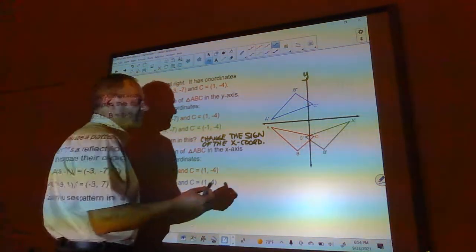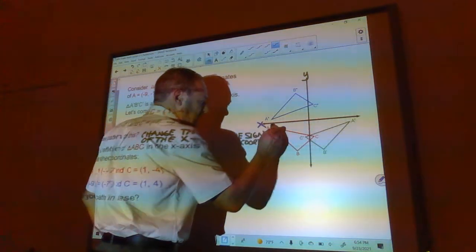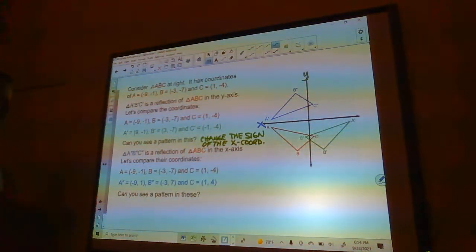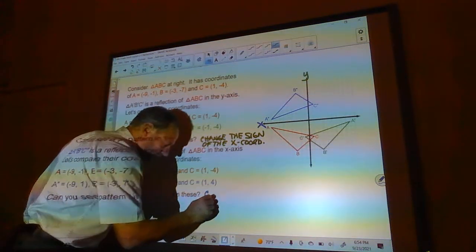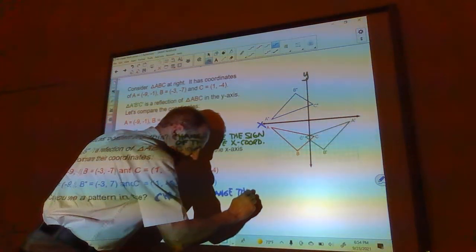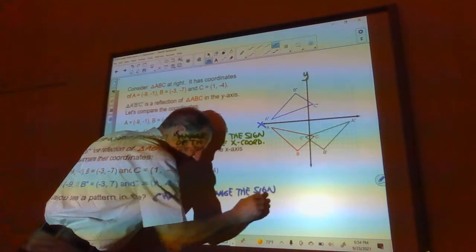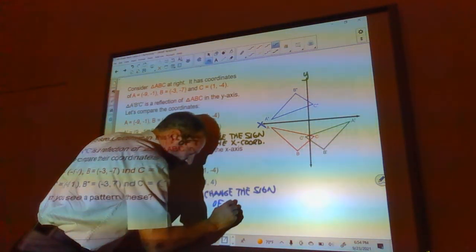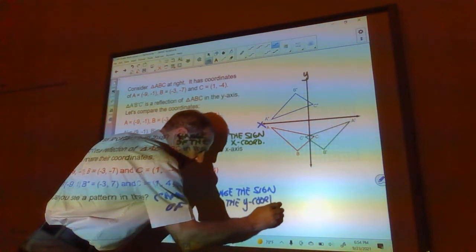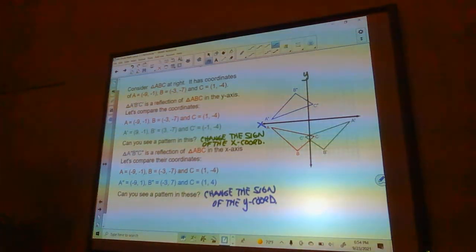So if I want to reflect something in the X axis, which is this one right here, all you do is change the sign of the Y coordinate. That's all you got to do. Piece of cake.